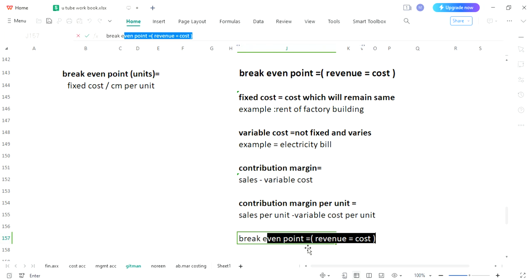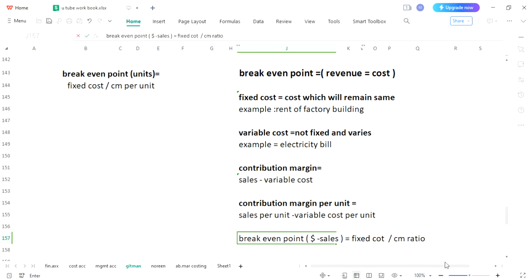So break-even point in terms of dollars, or sales, or amount can also be written. This is your break even point in terms of sales. Here you can see you have fixed cost. In this formula you will also use your fixed cost, and it would be divided by CM ratio.